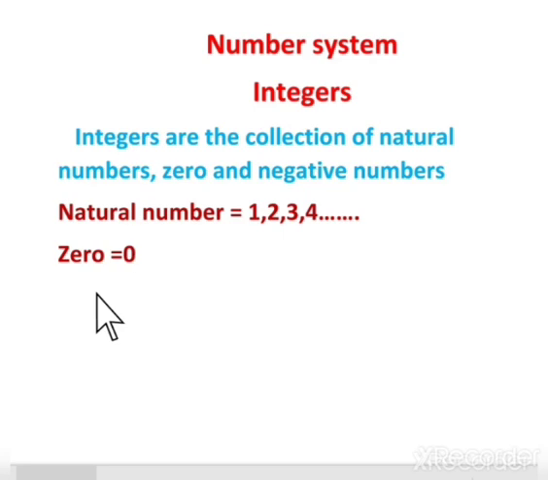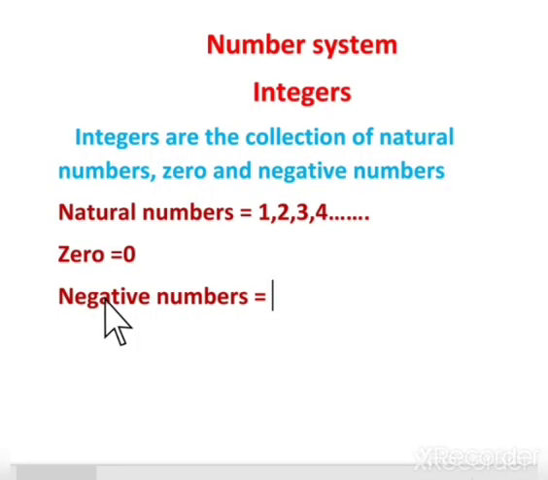And next we're going to see the negative numbers. A negative number will have a negative sign. That means it has a minus sign. And we have so many negative numbers, isn't it? Minus 5, minus 8, minus 9 and so on.